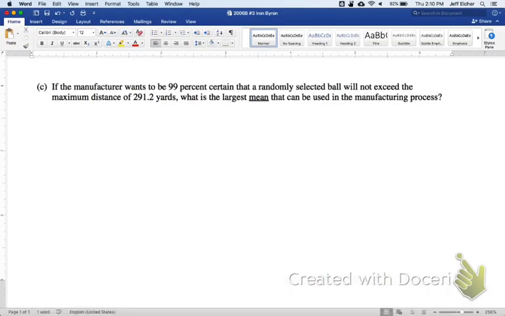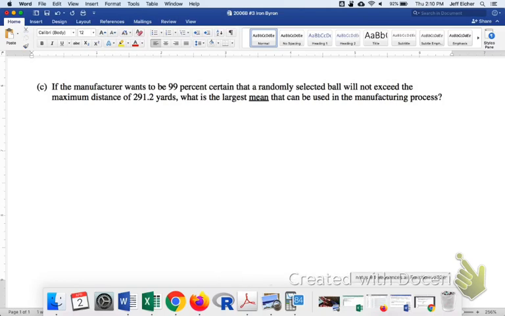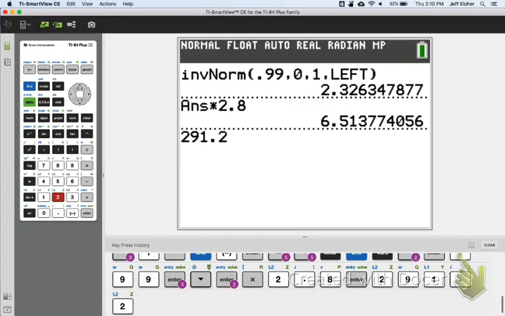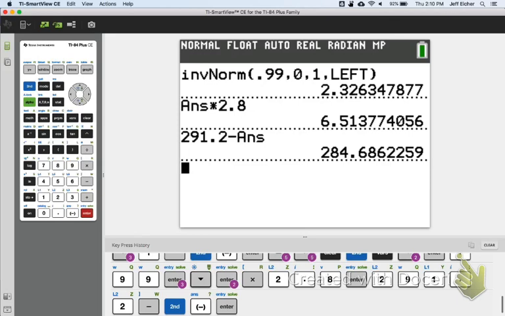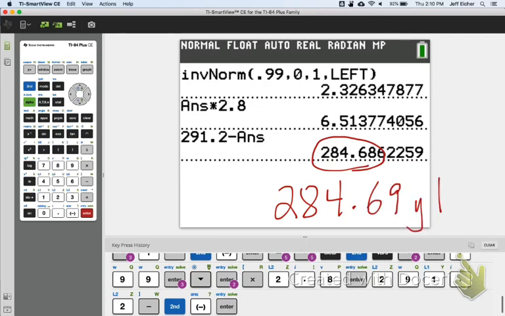That's our boundary, right? 291.2, yeah. And then minus this answer. And we get the maximum that the mean should be set to be within standard is 284.69 yards. That is what our mean needs to equal.